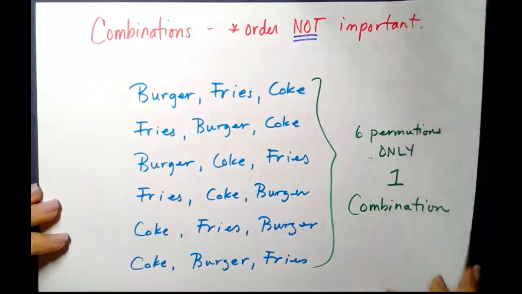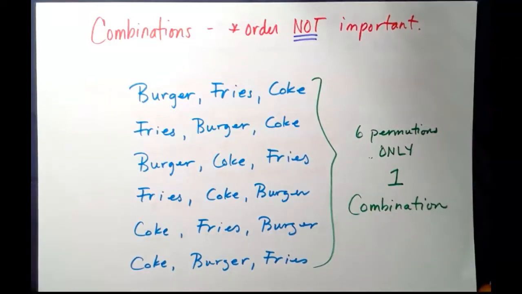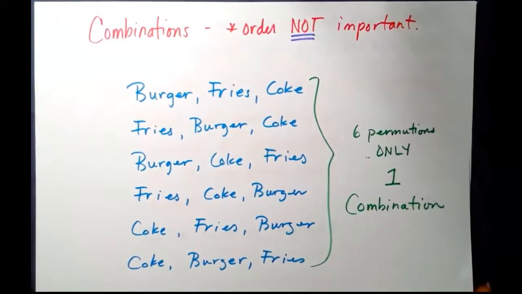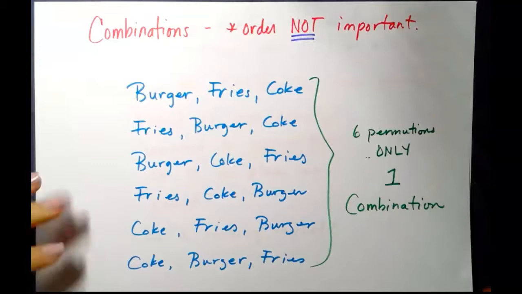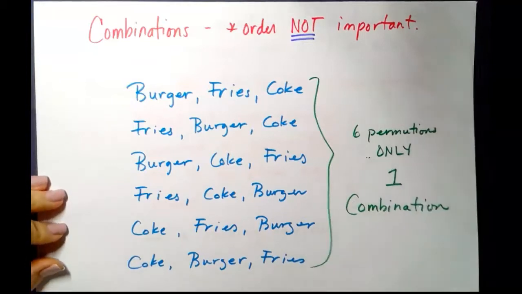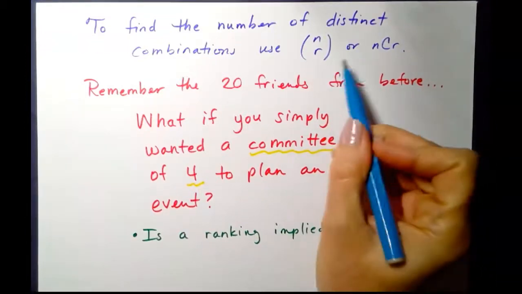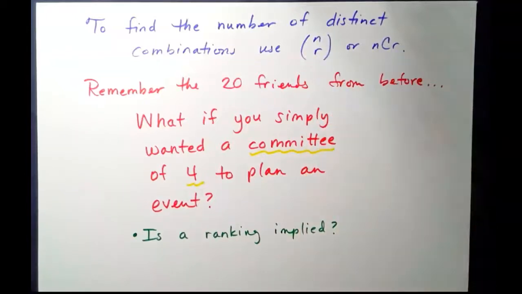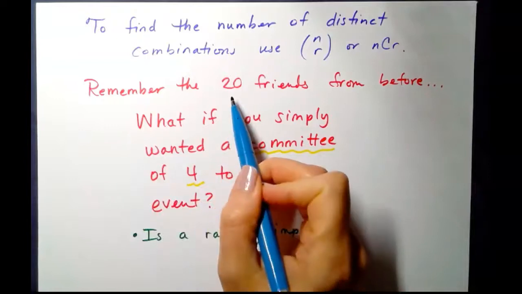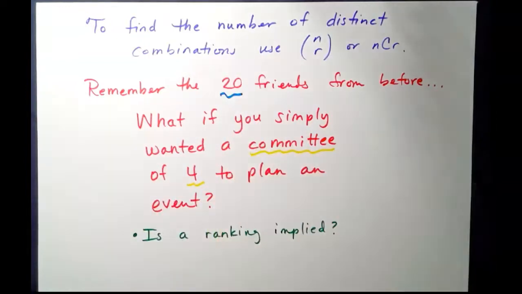If we were in class, I would say it doesn't matter how you sit in the desk, you're still Mrs. Hendry's one class. The class is a combination because order is not important. So, to find the number of distinct combinations, we use N-choose-R or NCR. So, let's go back to the example we had earlier, the 20 friends.